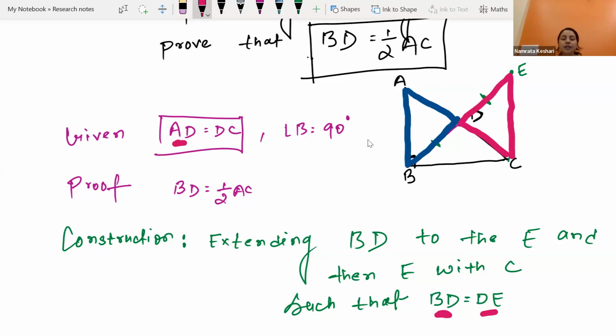We also know that AD and DC are equal. And these two look like vertically opposite angles. Yes or no? So we can say that these two triangles are congruent with each other, right? Yes, ma'am. Let's write it.